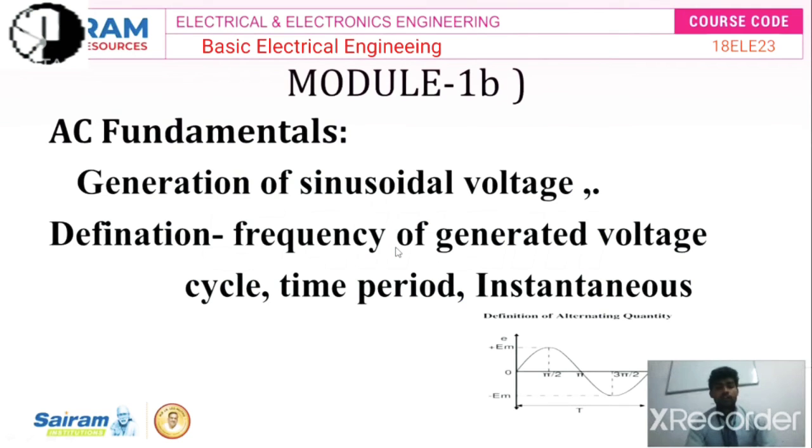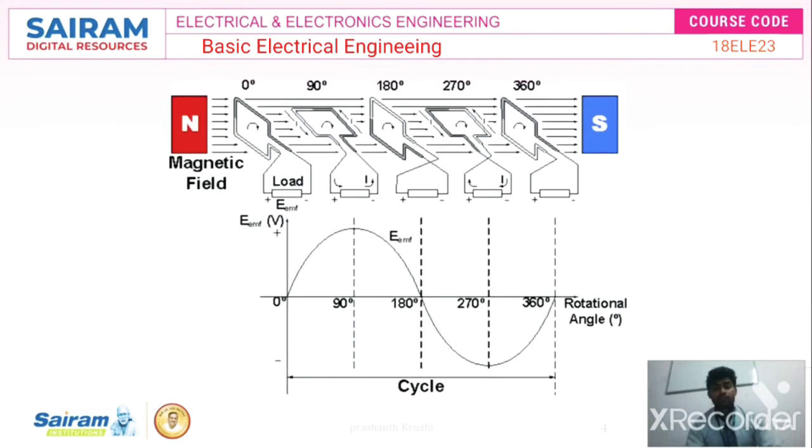See module 1b, the AC fundamentals and generation of sinusoidal voltage, definitions and frequency of generated voltage, cycle, time period, instantaneous value. This is one sine wave, right? So we'll discuss now. First one, generation of AC voltage or generation of a sine waveform, right?